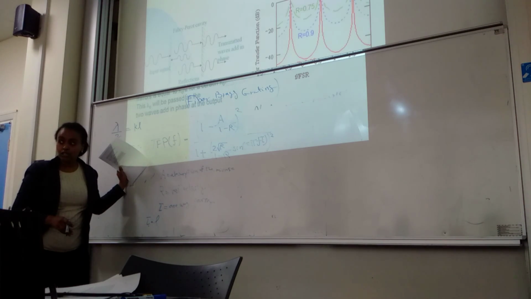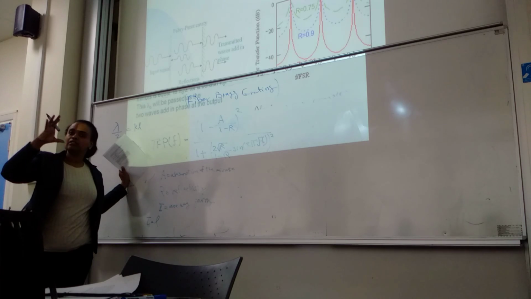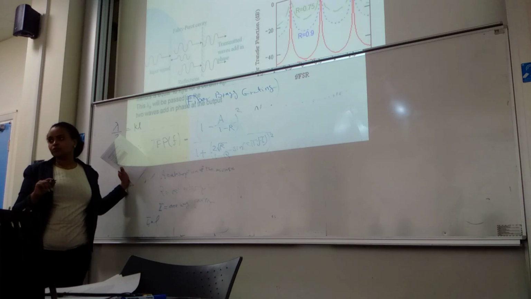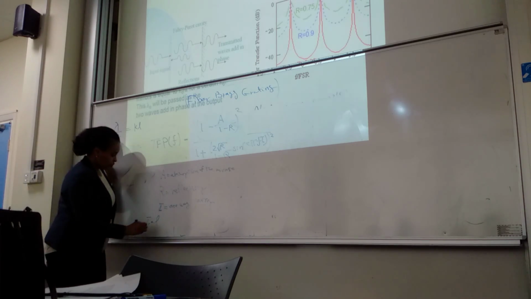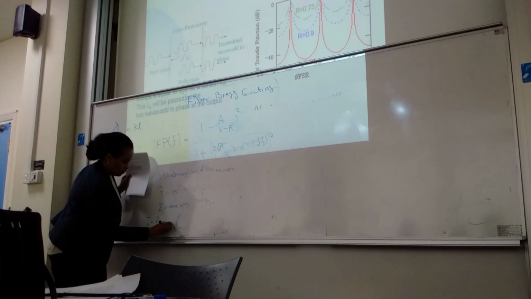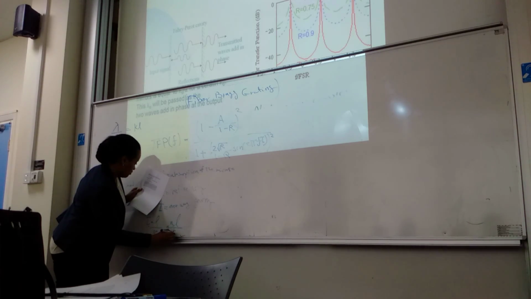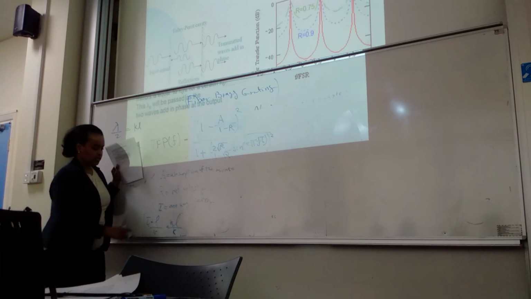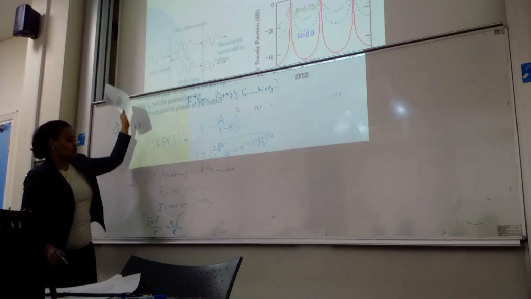So then we should include what gives us the relation between the speed of light in a certain medium and the speed of light in vacuum: the refractive index of that medium. So c is the speed of light, n the refractive index of the medium, and L is the length of the cavity.